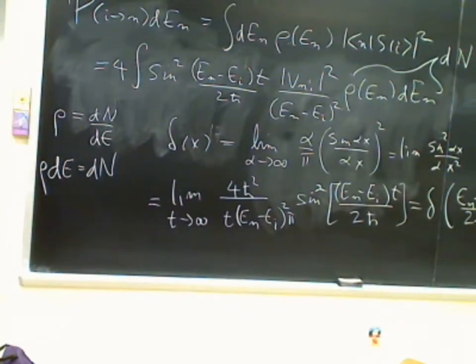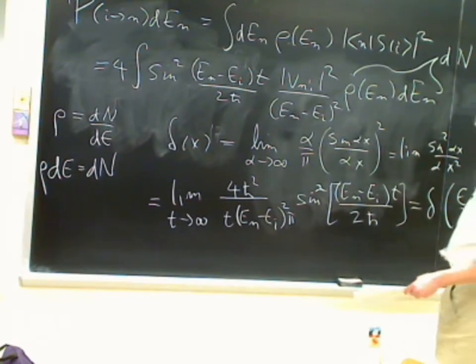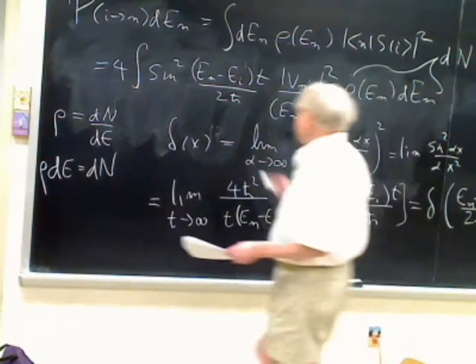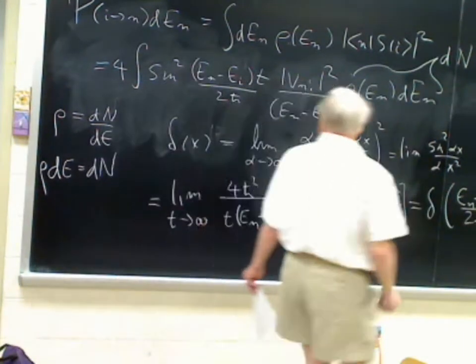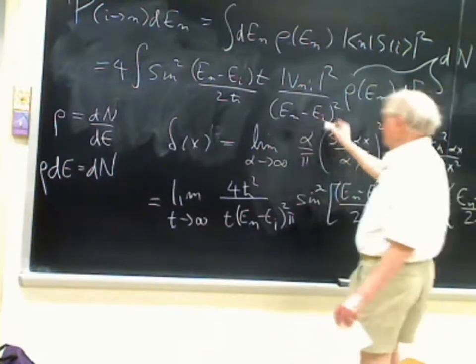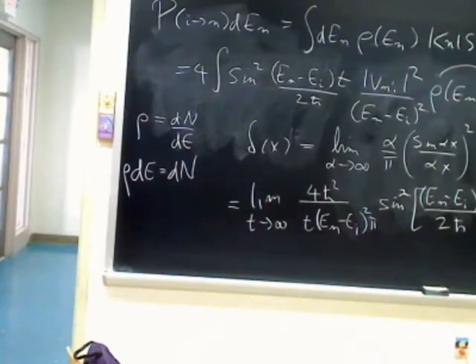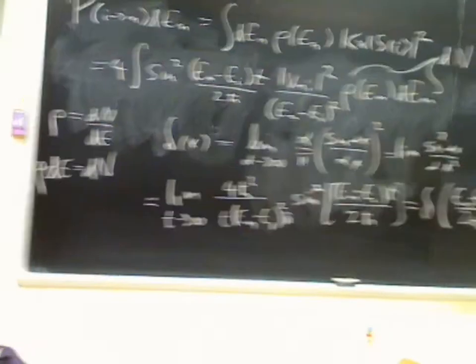Okay, so what do we have in here? We have this sine squared of (En minus Ei) t over 2 h bar. We also have the denominator (En minus Ei) squared, and the rest of the stuff is just some extra h bars.